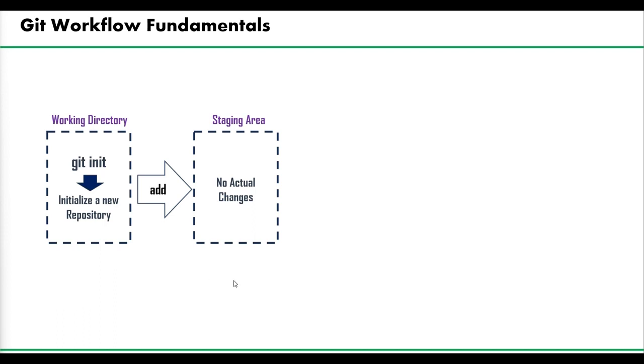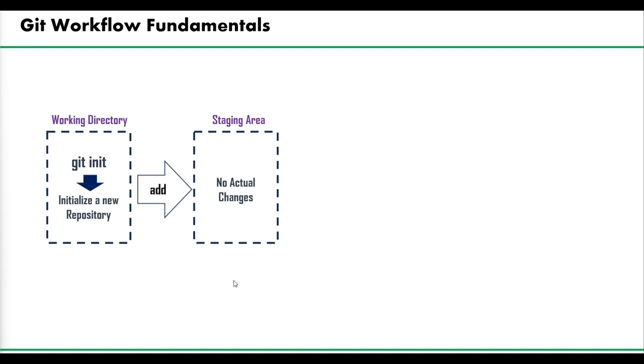It acts as a holding area for changes you want to commit. By staging changes, you are preparing them for inclusion in the next commit. But you should notice, and this is very important, that this is just a preparation and no actual changes happen in this stage.